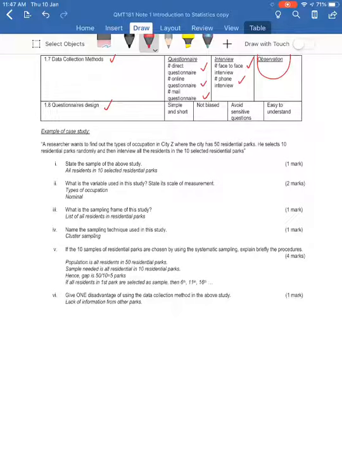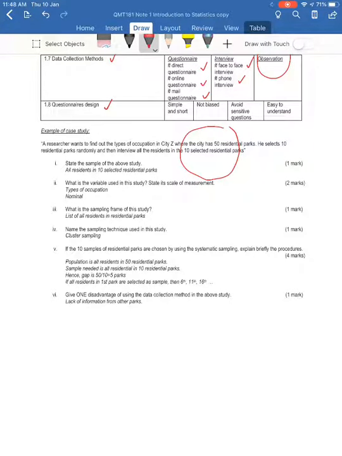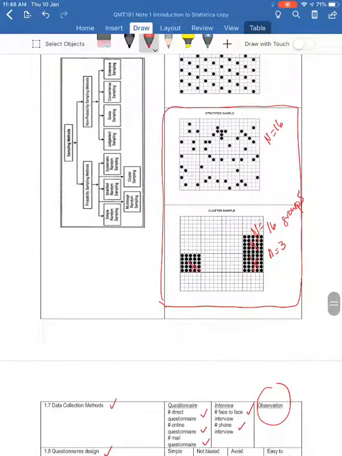In city Z, where the city has 50 parks, he selects 10 parks randomly, and then interviews all the residents in the 10 selected residential parks. At one glance, I already know this is cluster, because from 50 parks, the researcher goes to 10 parks and asks everyone in those 10 parks. We can look back here. Obviously, it is referring to cluster sample.